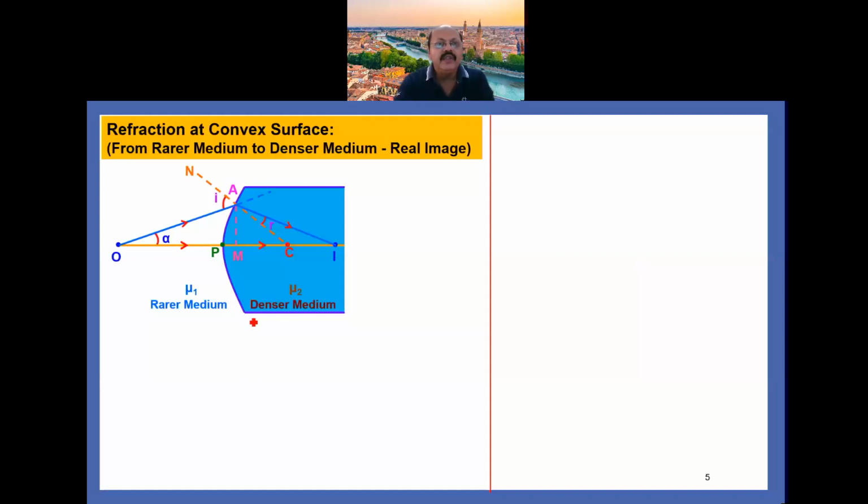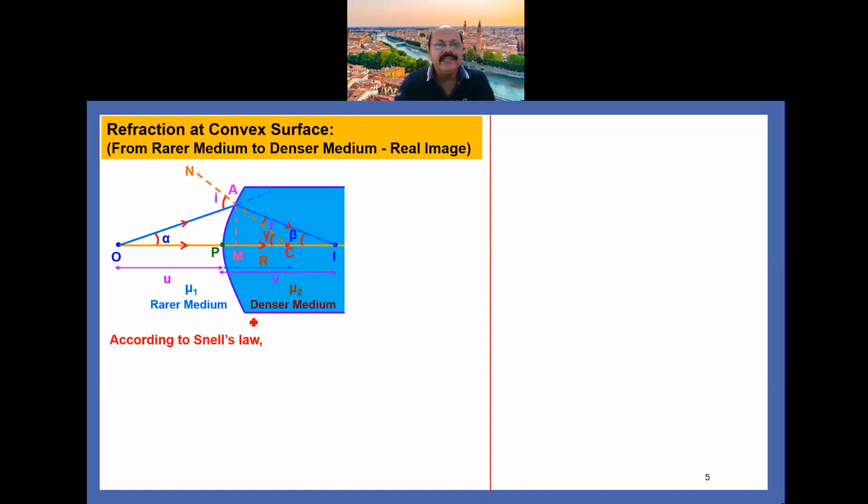Now we assume the angle AOM equal to alpha, similarly AIM equal to beta, same way ACM equal to gamma. And this PC distance is equal to the radius of curvature. Generally we denote the object distance by u and image distance by v. So PO is the object distance, PI is the image distance, PC is the radius of curvature.